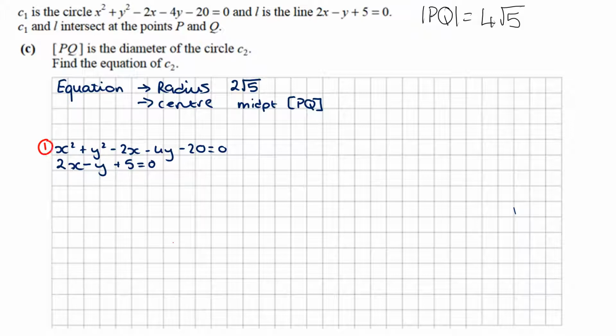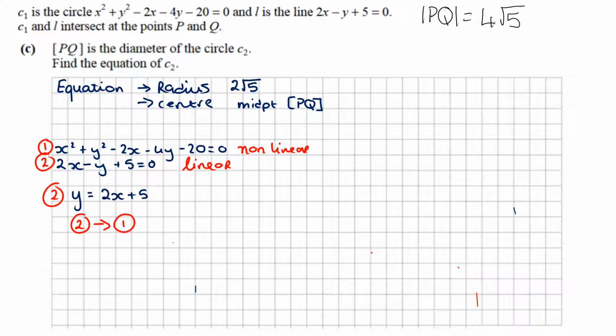So we're going to label it 1 and 2. We always sub our linear into our nonlinear. So we're going to take equation 2 and isolate one of the terms. The easiest term to isolate is y, which is 2x plus 5. And then we're going to sub y into the nonlinear.